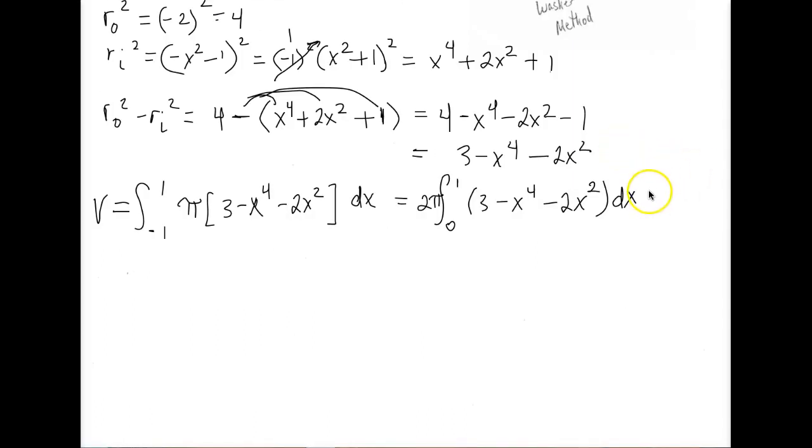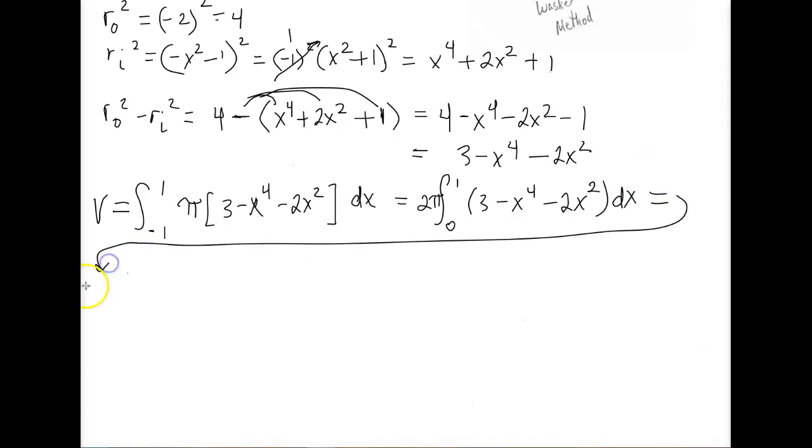All right, so this is 2 pi. And when we evaluate everything at 1, of course, first thing we need to do is just take the antiderivative of each term. So the antiderivative of 3 is 3x. Antiderivative of x to the 4th is 1/5 x to the 5th.